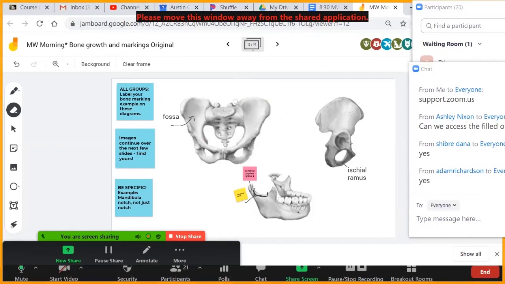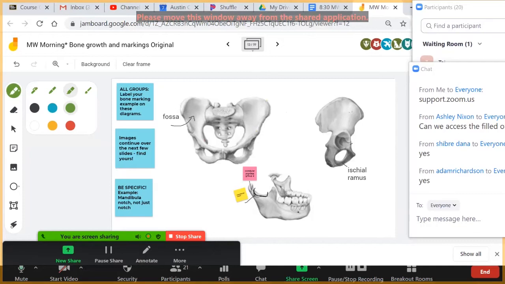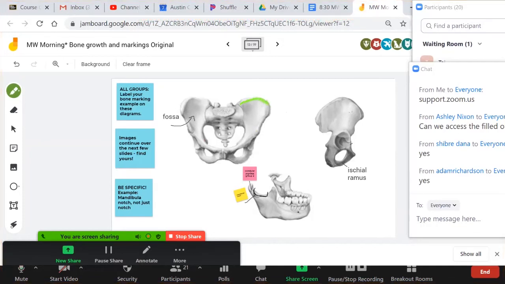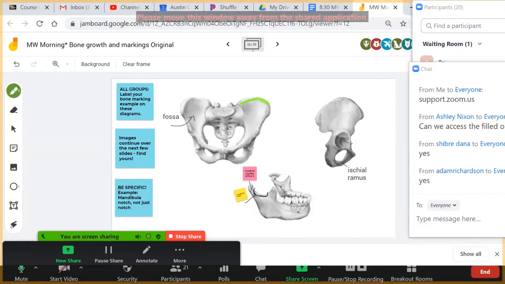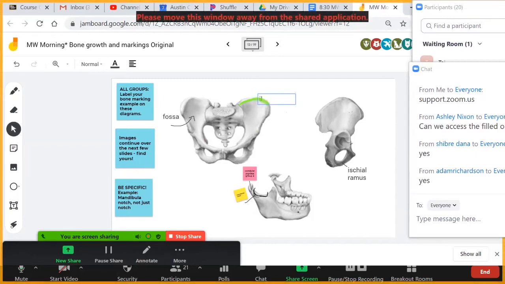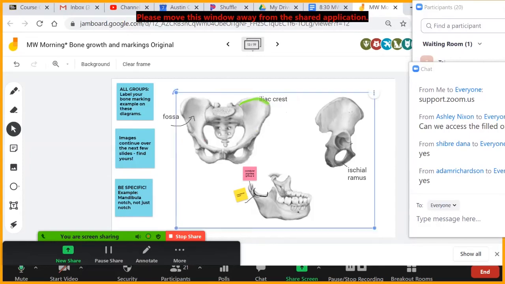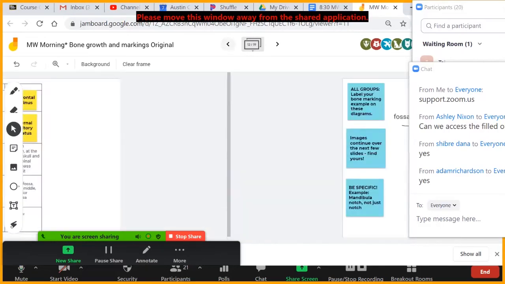So this little ridge of bone up here at the top is known as the iliac crest, right up there. When you put your hands on your hips and you're giving somebody a serious look, that is the iliac crest, I-L-I-A-C. And there are different crests in different places on the body. Okay, good.